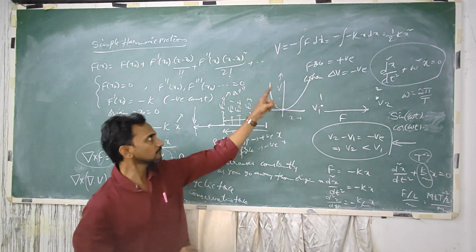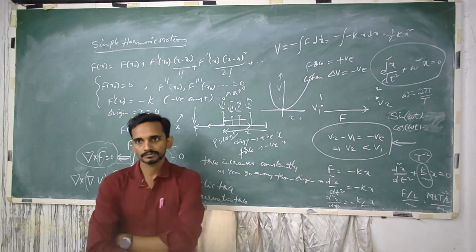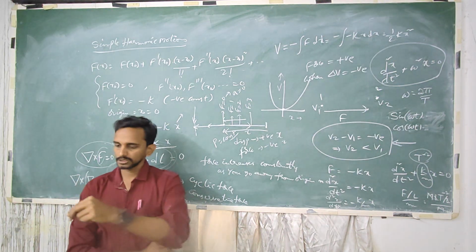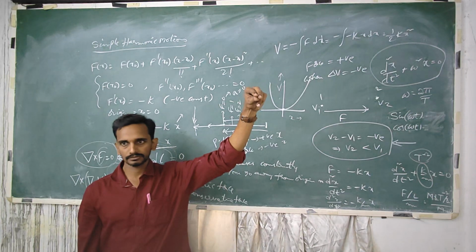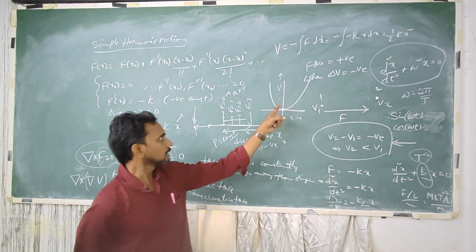So this is a graph of the energy gained by the object during this displacement. As you pull the object more and more, its potential energy increases. So that is the energy graph.